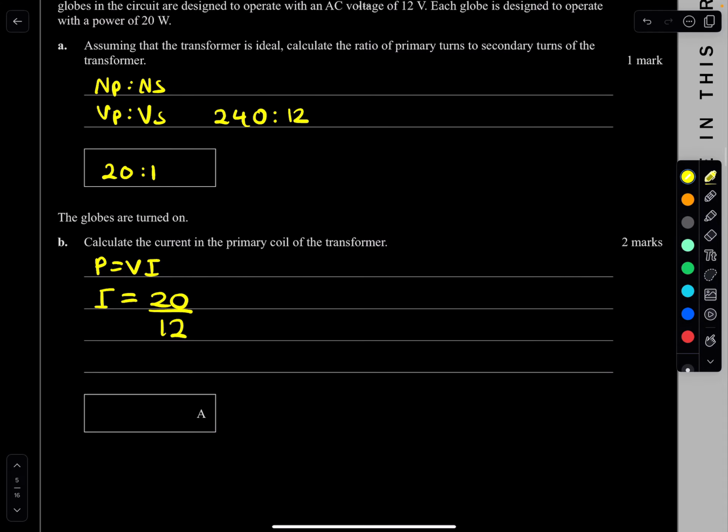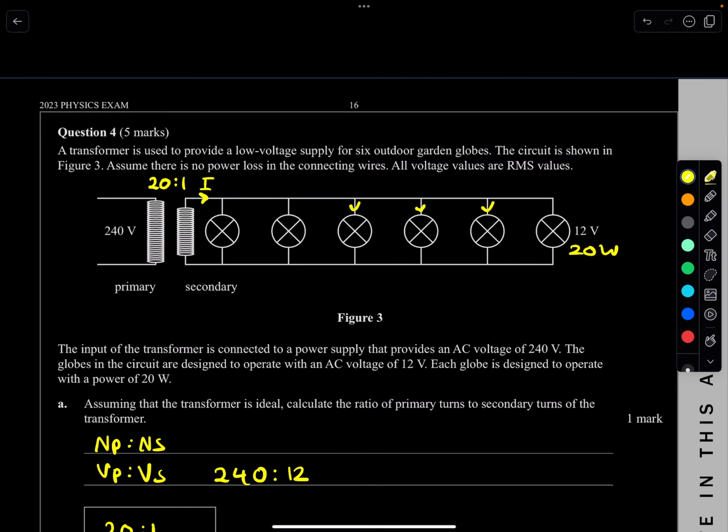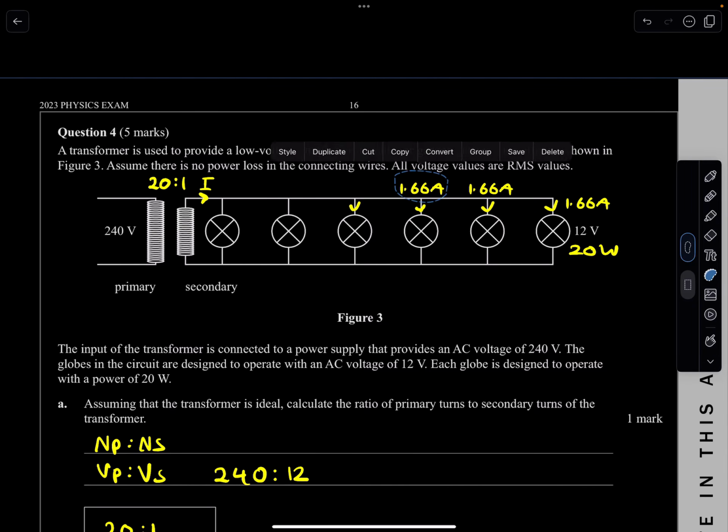So that's going to be 20 divided by 12, which is 1.66 amps. So each of these circuits is going to have 1.66 amps, and we duplicate: that's also going to run, that's also going to run.